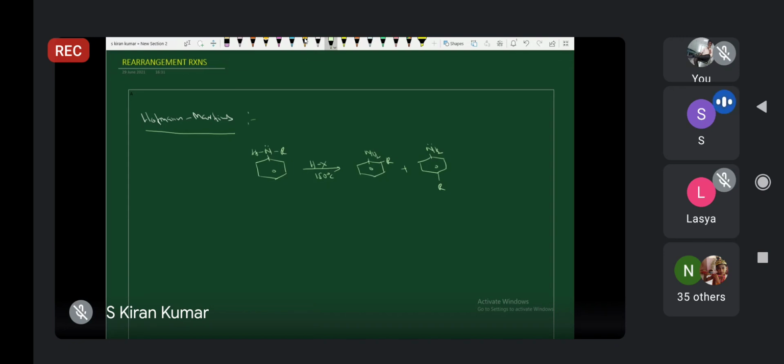How does this rearrangement take place here? What is the mechanism for this Hoffman-Martius rearrangement? This N-alkyl aniline reacts with H plus and Br minus here.